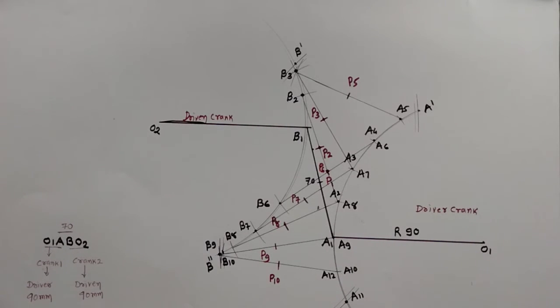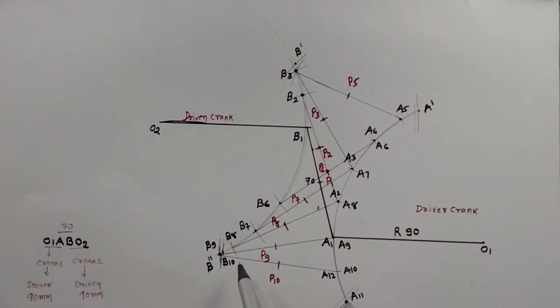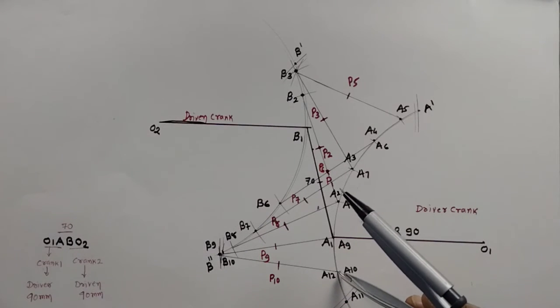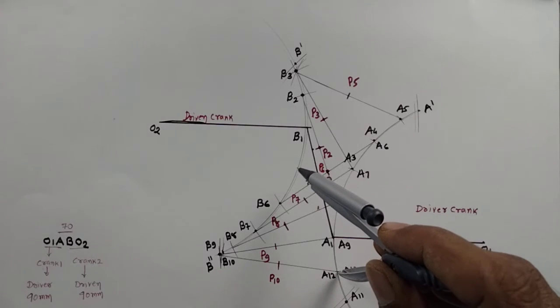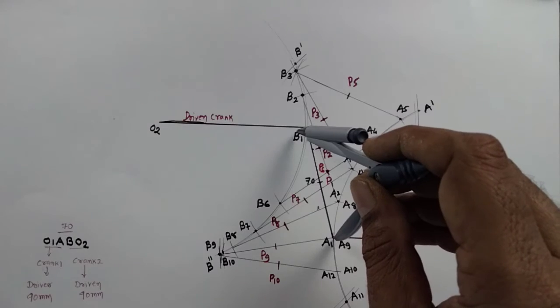Similarly, keeping the A11 as a center, we are going in the downward direction, but the arc is going up, so we neglect this point. Then from A9 I draw the arc in the upward direction.